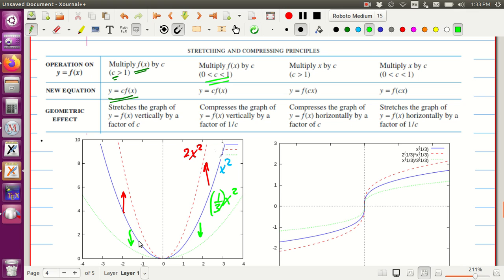The same you can do in the horizontal direction. So I took the function written over here. The blue graph is cube root of x.